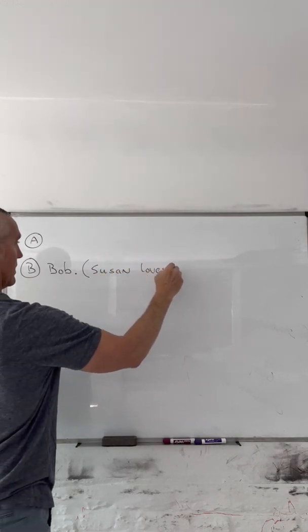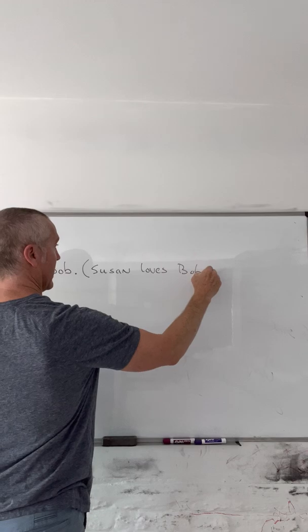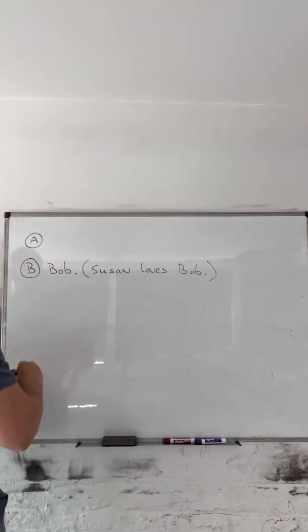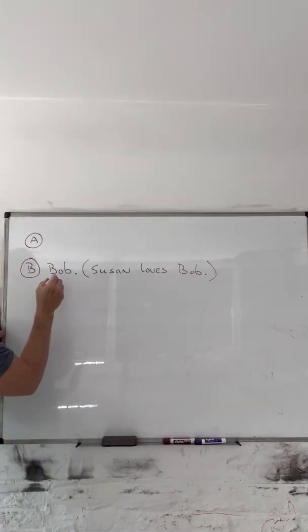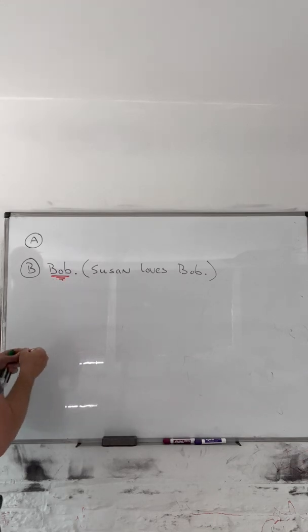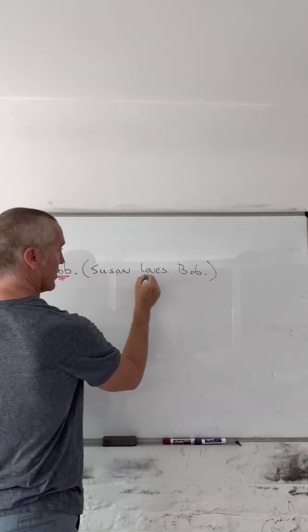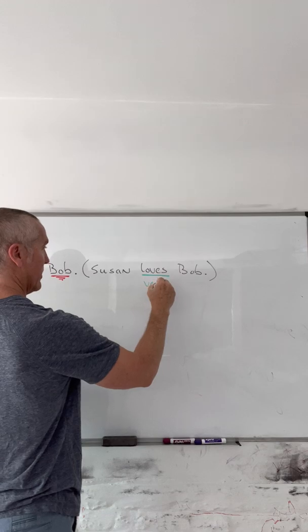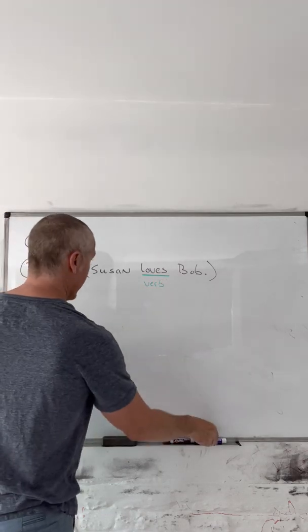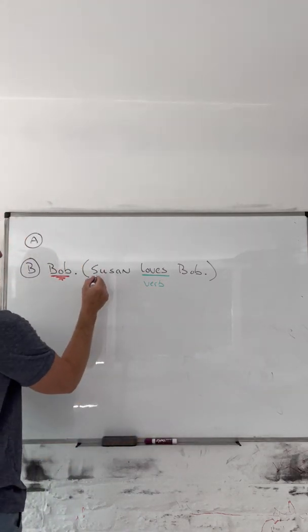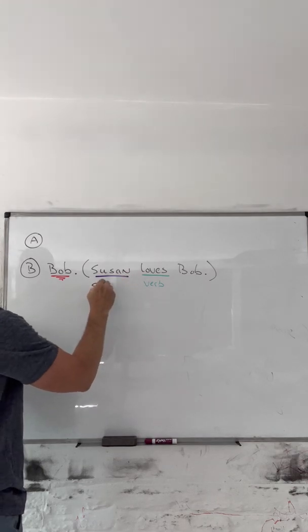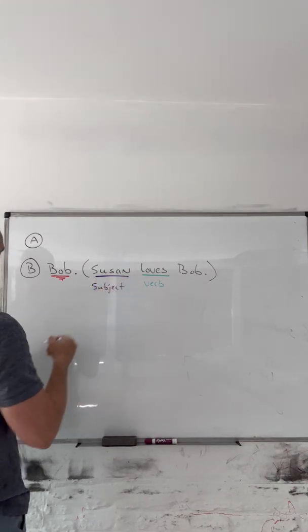Susan loves Bob. Okay, now there's the long answer. So here's the information that you want, Bob. Now here's of course, there of course is the verb, right? And then Susan of course is the subject.